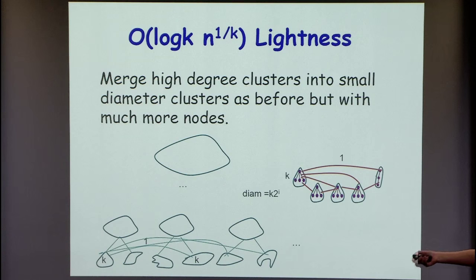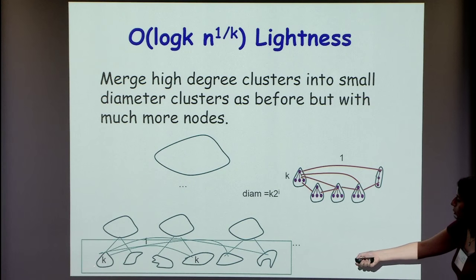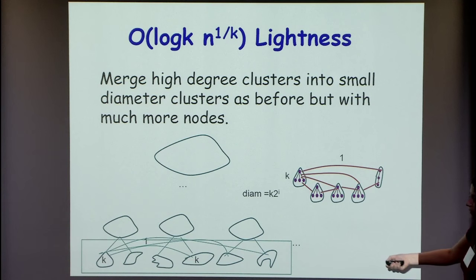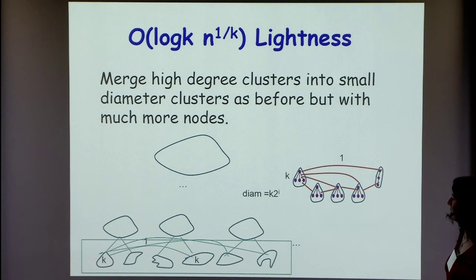So what I will do is, say that we are now handling this level, we take all the high degree clusters here. And again, we change the way we construct the clusters. If this is a heavy cluster, we take all its incident clusters and merge them into one small diameter cluster. So now we have fewer clusters here.